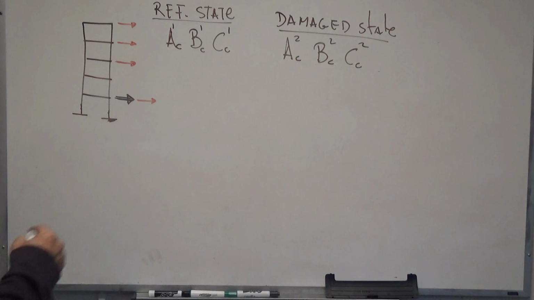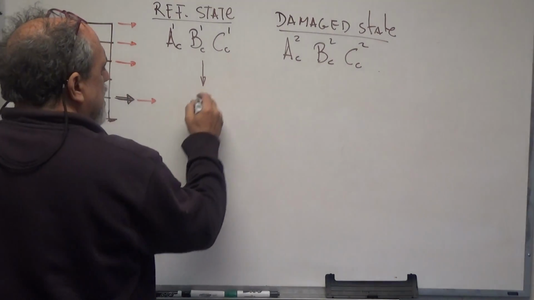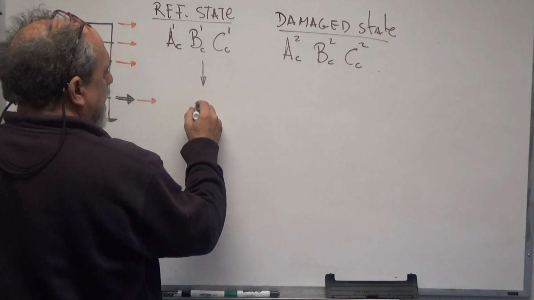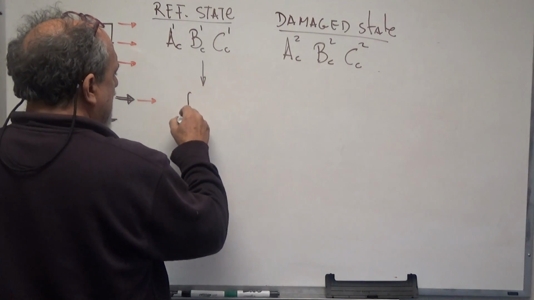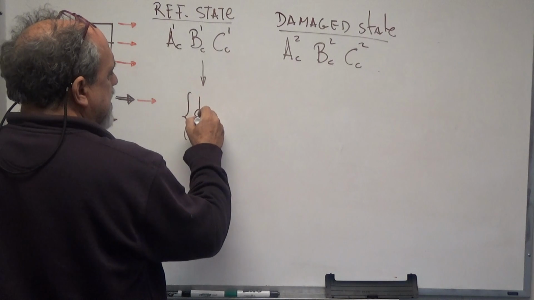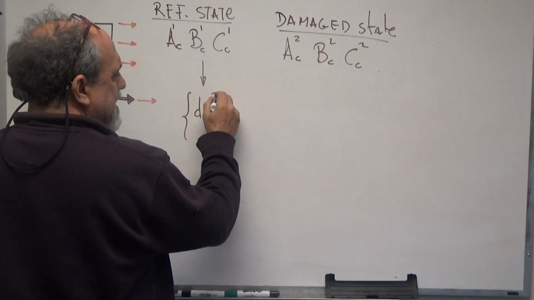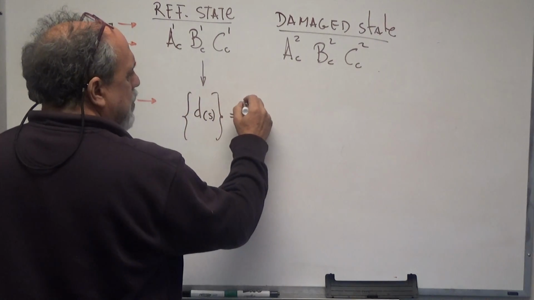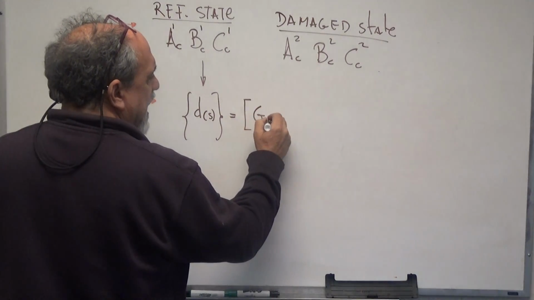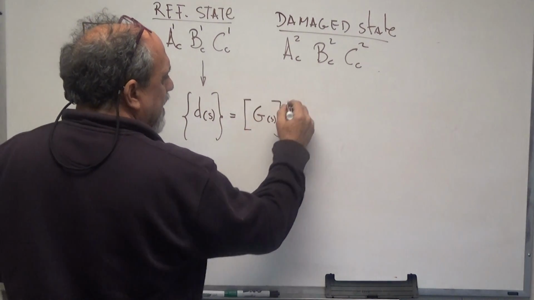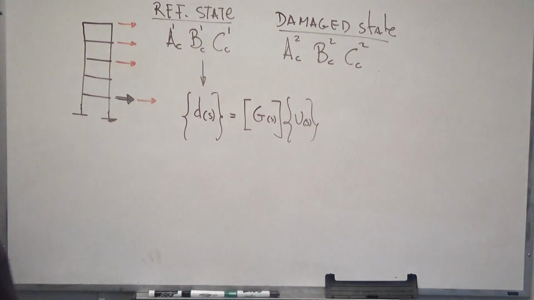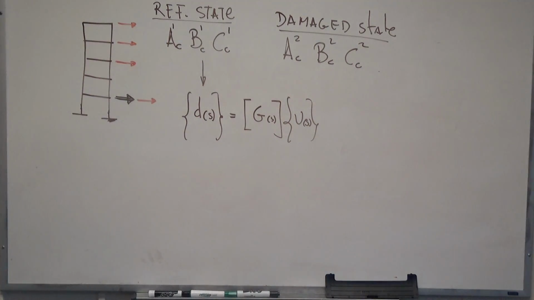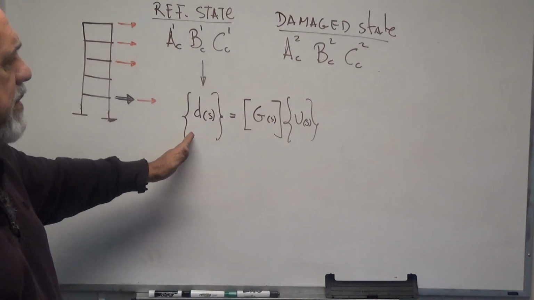Now, the transfer matrix, G, relates forces to displacements. So you can say that the displacements as a function of S are equal to the matrix G of S times the forces U of S, right? That's what the transfer matrix says. It's an algebraic connection between forces and displacements.